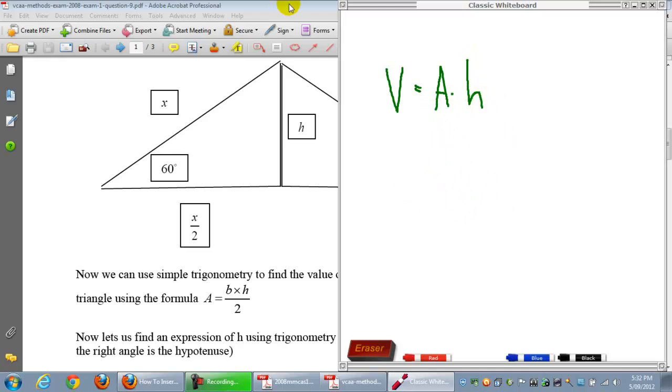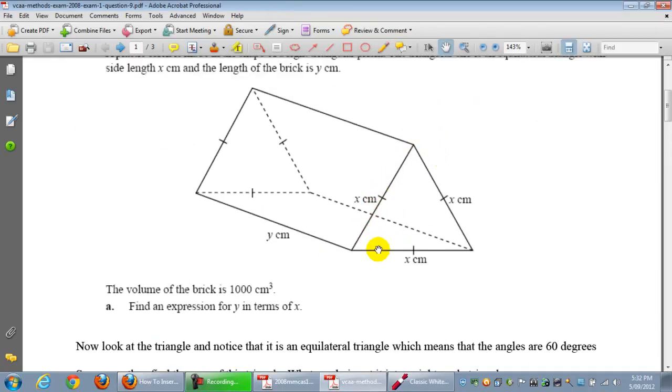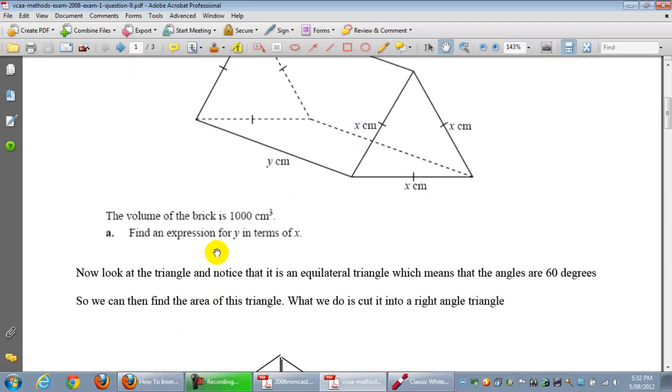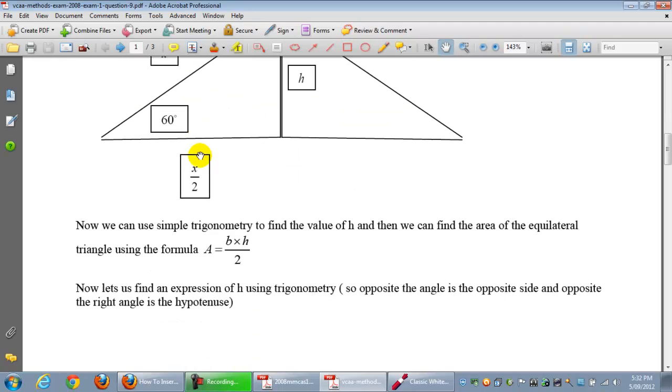So if we can work out the area of this multiplied by this distance, we have an expression for the volume. And they've already told us that the volume of the brick is 1,000 centimeters cubed. So they're hinting, hey guys, I think you should be able to use the volume for this shape. So let's see how we do it.